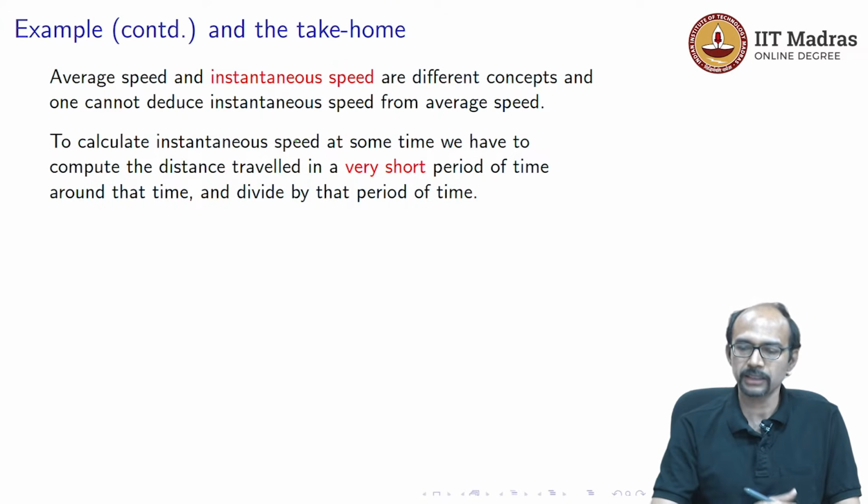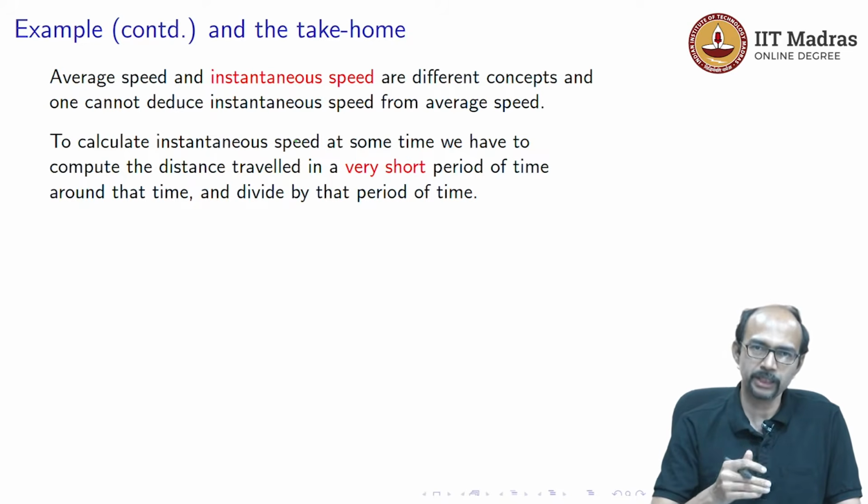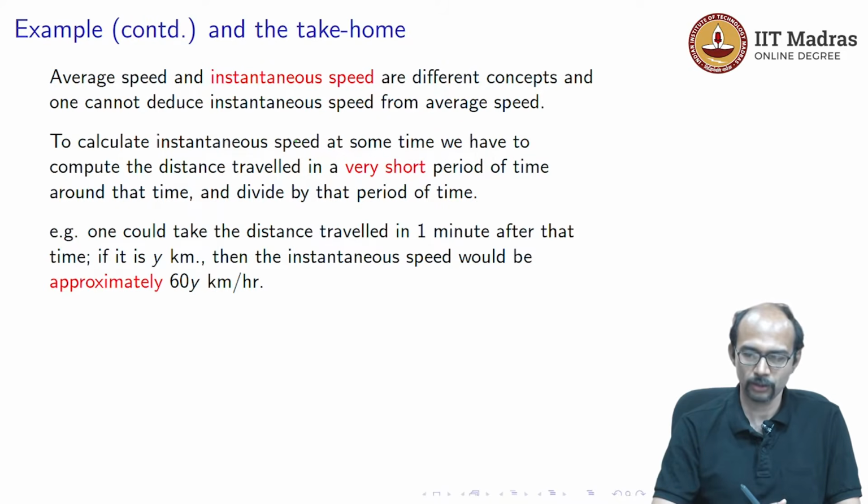So, to calculate instantaneous speed at some time, what do we need? We have to compute the distance travelled in a very short period of time around the time that we want to calculate it at and divide by that period of time. For example, you could take the distance travelled in 1 minute after that time. So, if you have travelled y kilometers in 1 minute, then the instantaneous speed would be approximately, and again the underlined word here is approximately, 60y kilometers per hour.